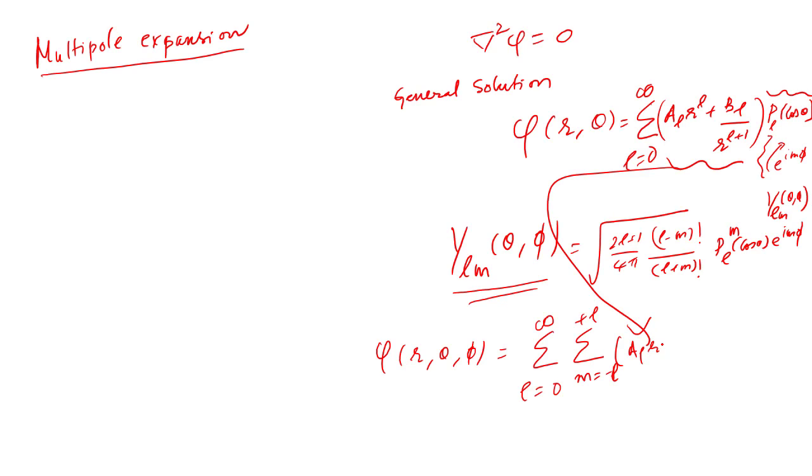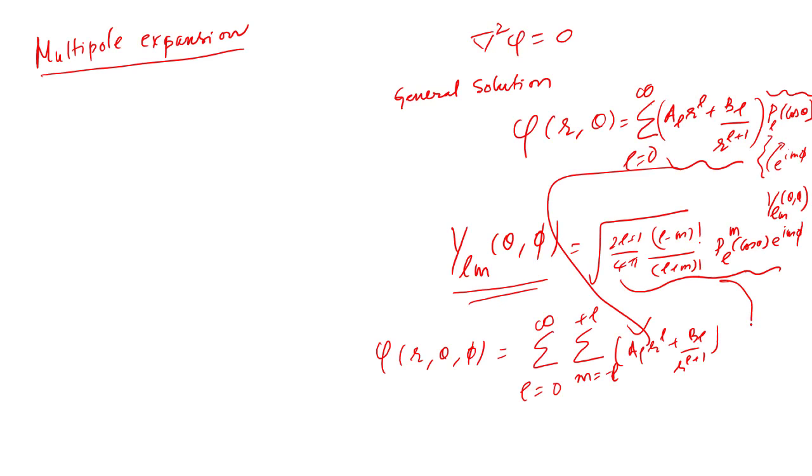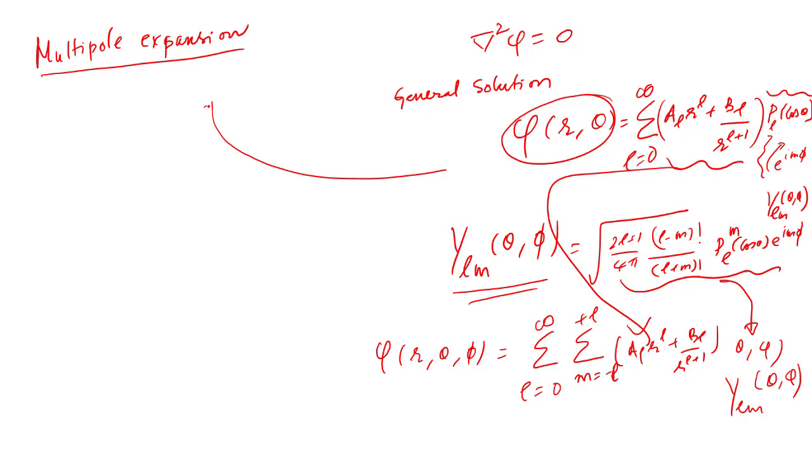So you have A_L r^L plus B_L by r^(L+1), and then this term is for theta and phi. Y_lm theta phi is the solution for both theta and phi in general. But in the last few lectures, we were specifically looking at situations where there was azimuthal symmetry. And now we are going to apply this to the problem of multipole expansion.